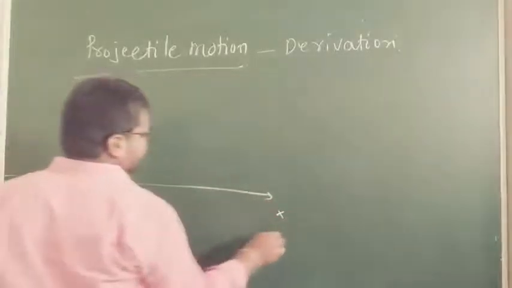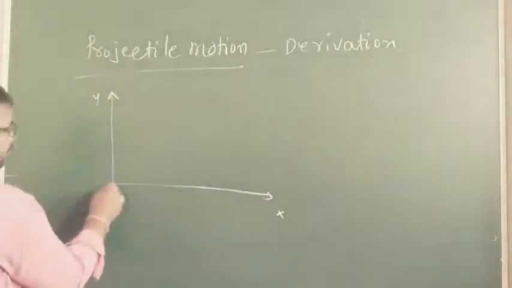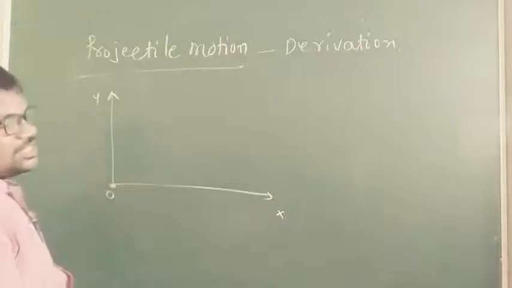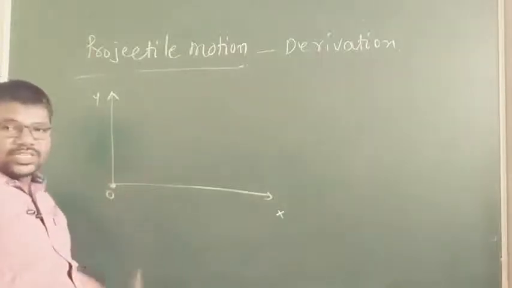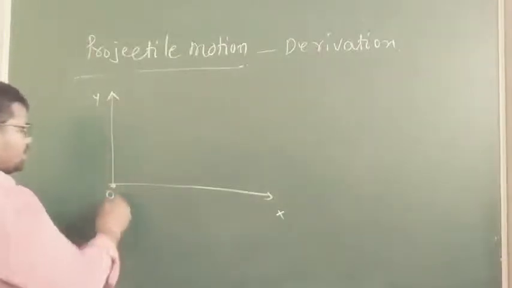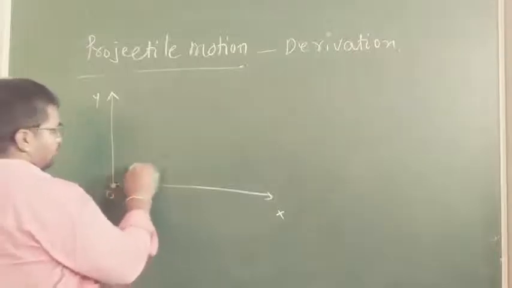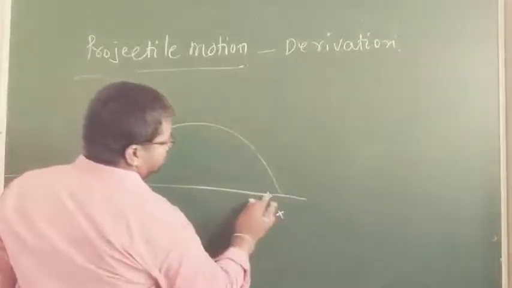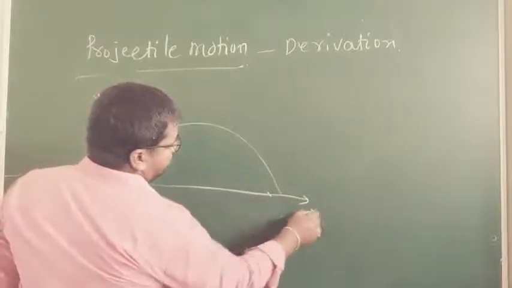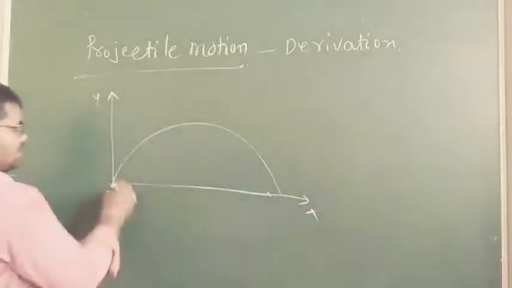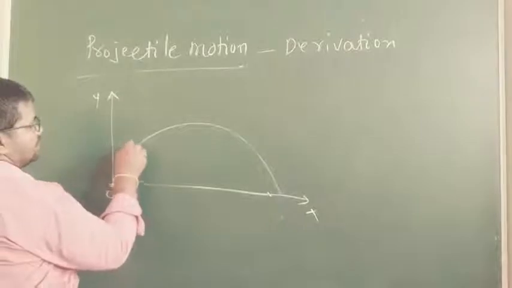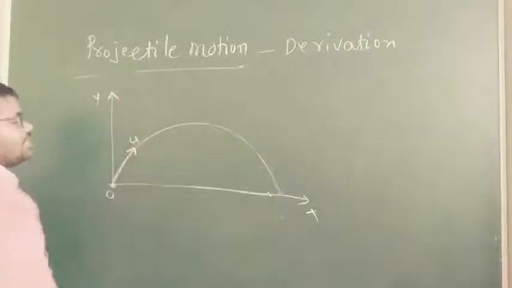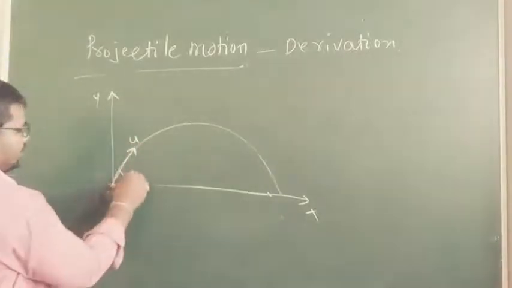Okay, this is the x-axis and y-axis. Consider a point O, which you can call the point of projection, at which the force is applied on the particle. The particle moves in a parabolic path. Here the initial velocity vector makes some angle theta.